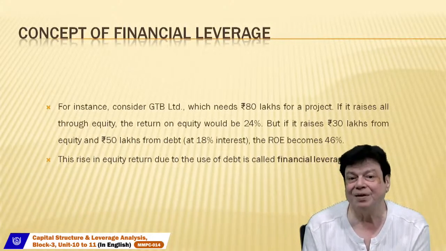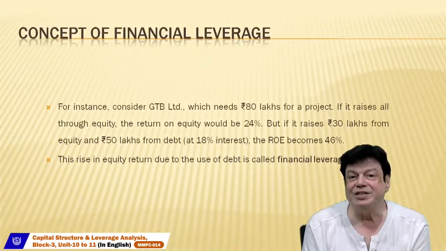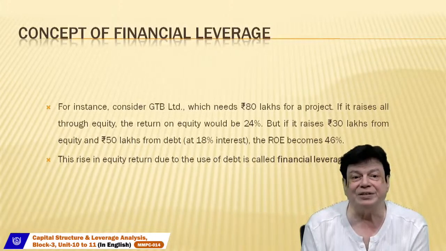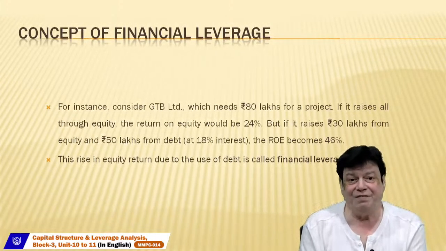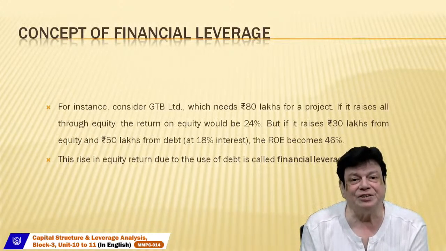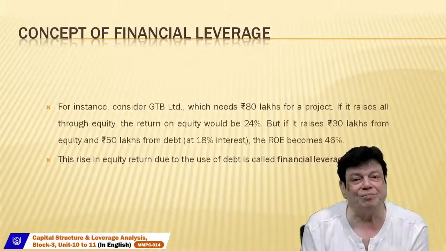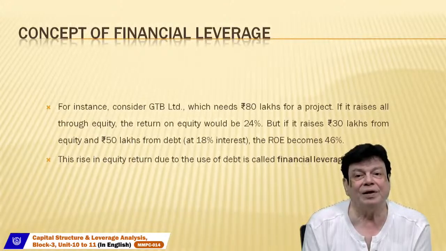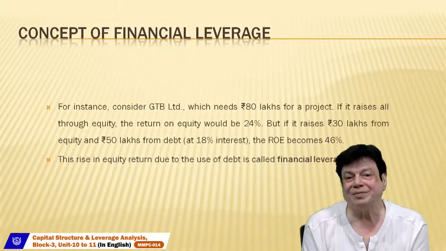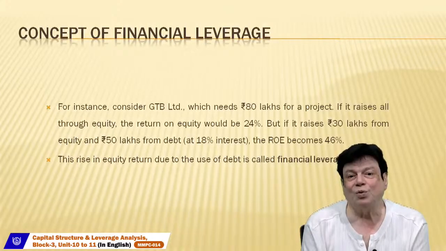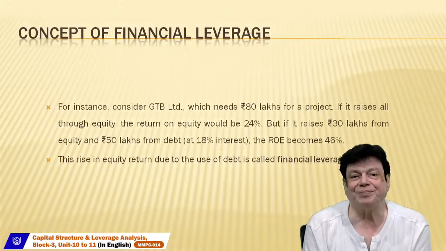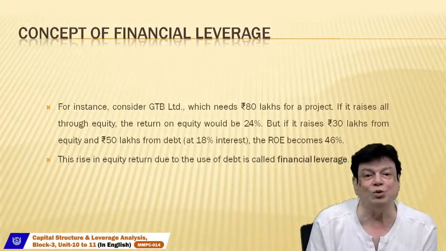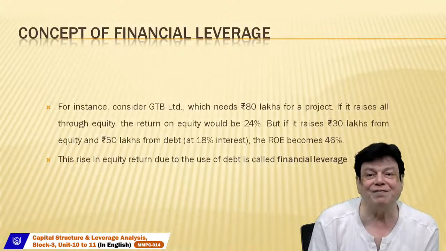But if it raises 30 lakh from equity by issuing shares, and 50 lakhs from debt, that is borrowing from the bank, etc., and the rate of interest is 18%, the ROE becomes 46%.